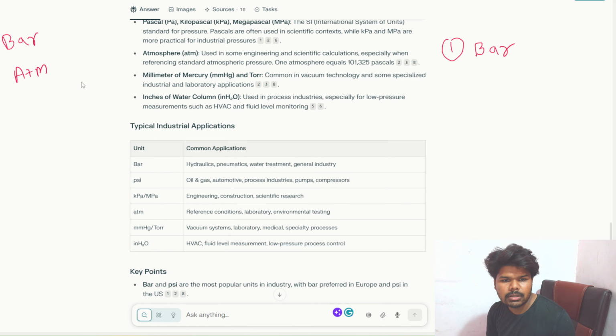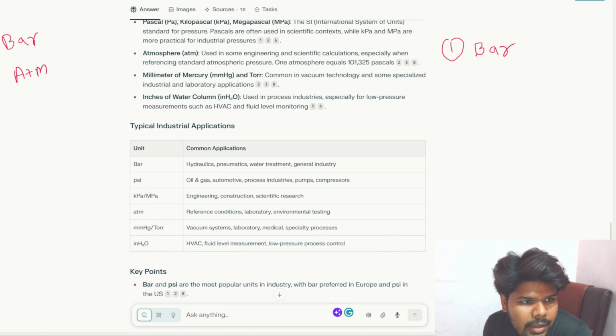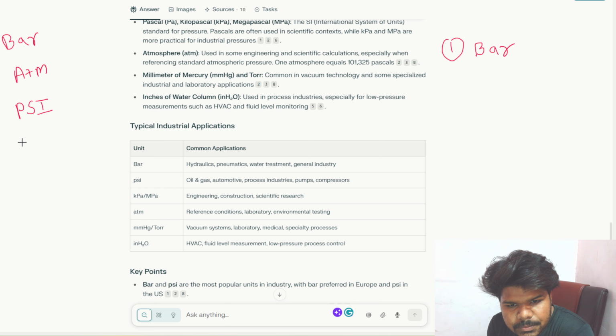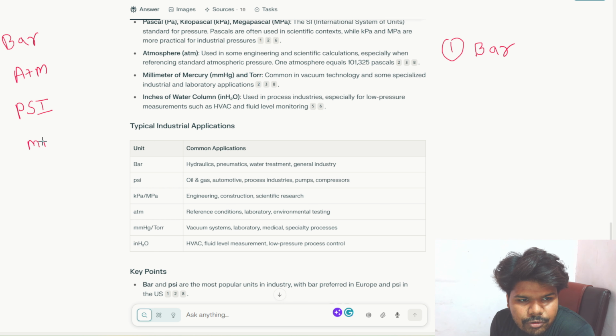and the third one is PSI. Okay. So the fourth one is mmHg, which is very popular.